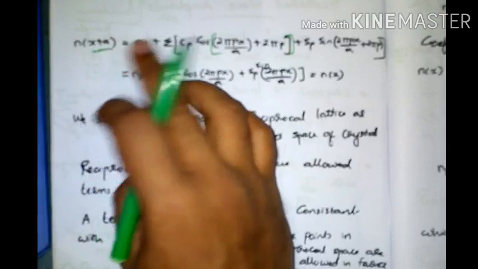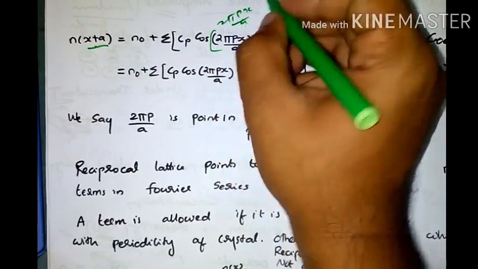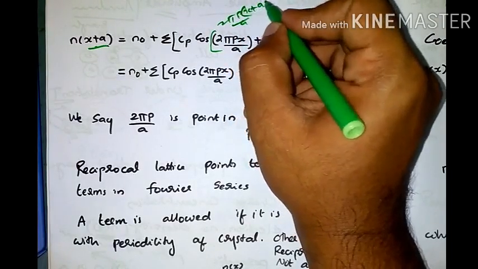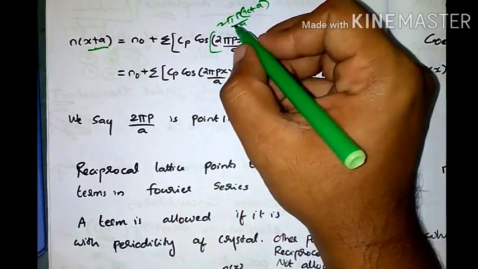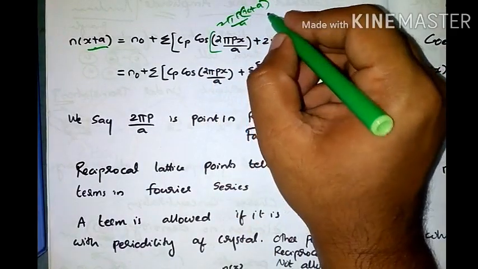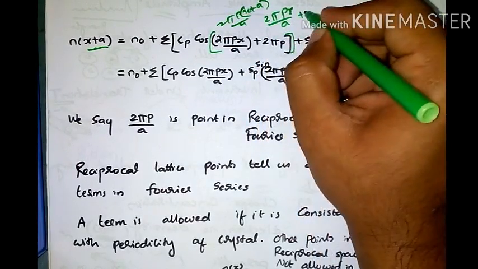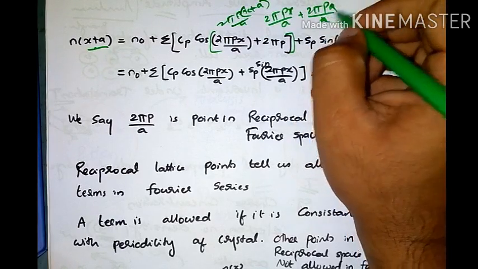So instead of x, we put x plus a, and we can split this into two terms: 2 pi px by a plus 2 pi pa by a, and we can cancel the two a's.